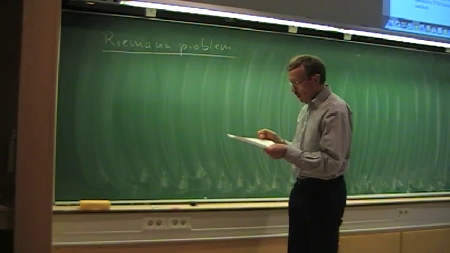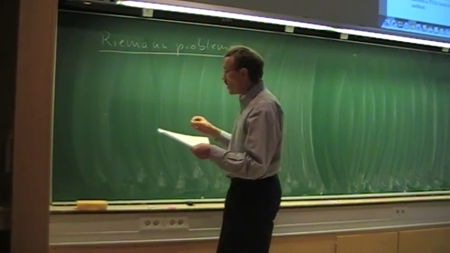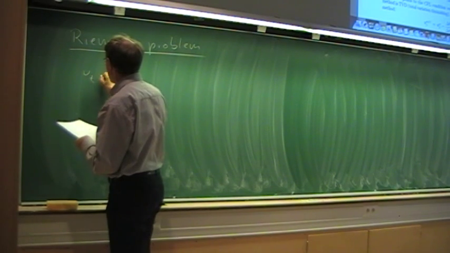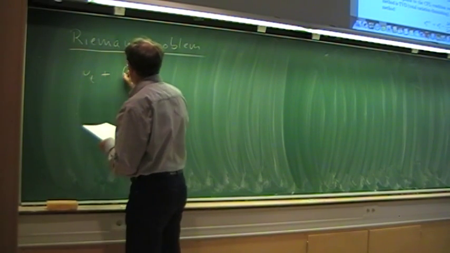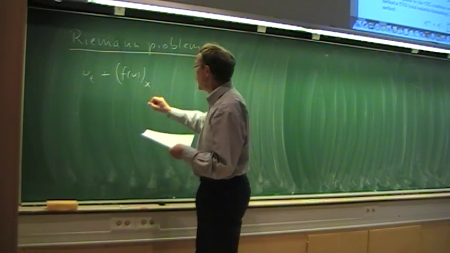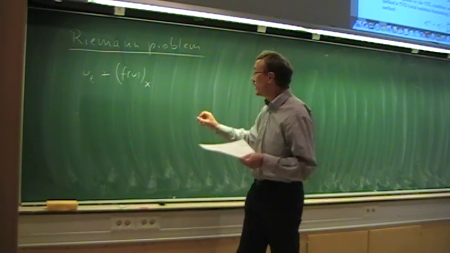So the Riemann problem, that is, we consider our conservation law, u_t plus f of u equal to 0. So u is the conserved variable, and f of u is the flux function, usually nonlinear.